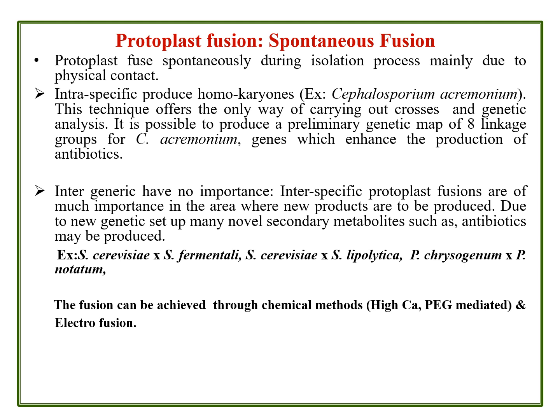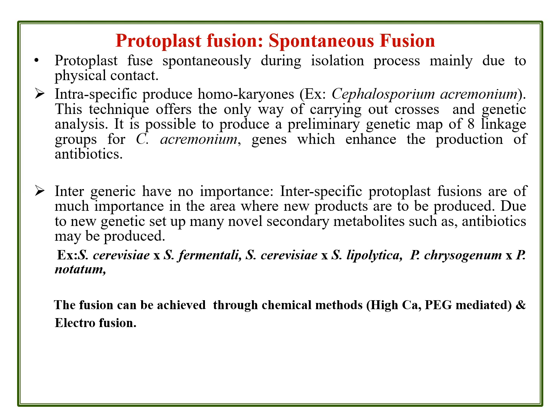Intergeneric fusion has no importance. Interspecific protoplast fusions are of much importance in areas where new products are to be produced. Due to the new genetic setup, many novel secondary metabolites such as antibiotics may be produced in order to control contamination and optimize products of the protoplast.